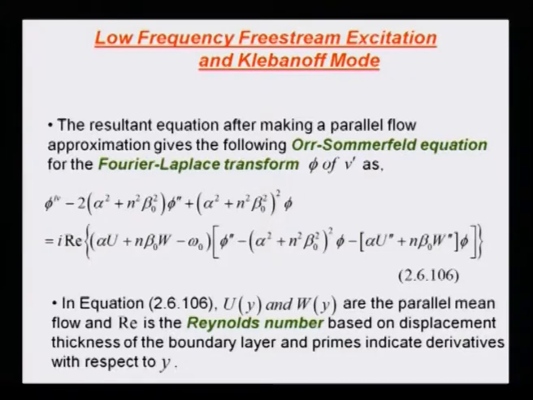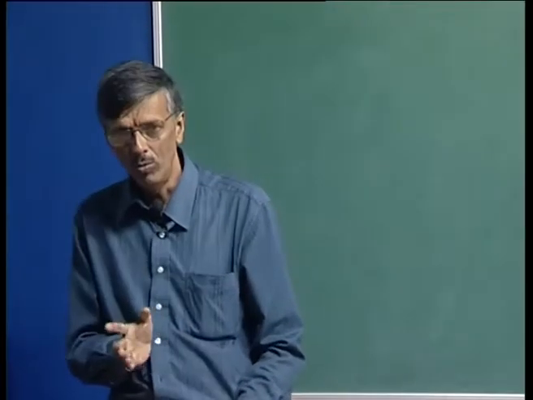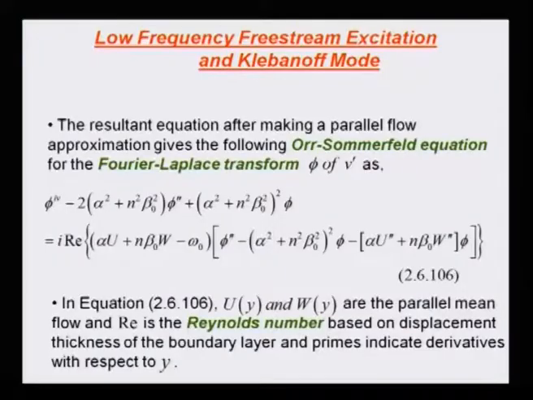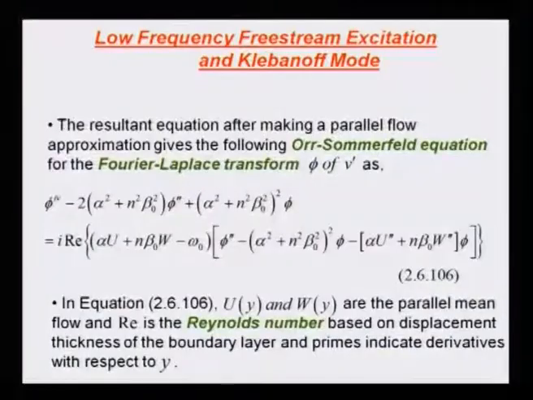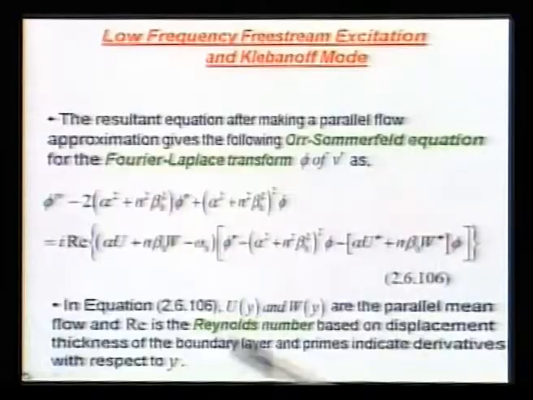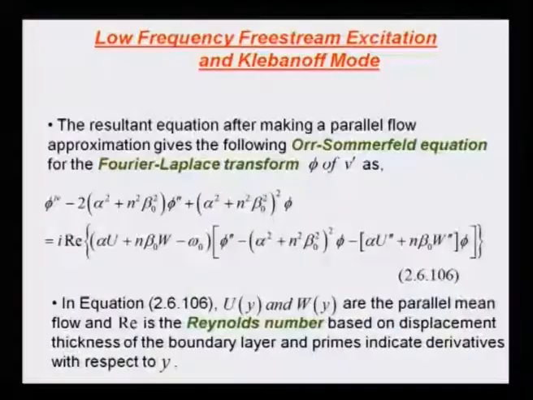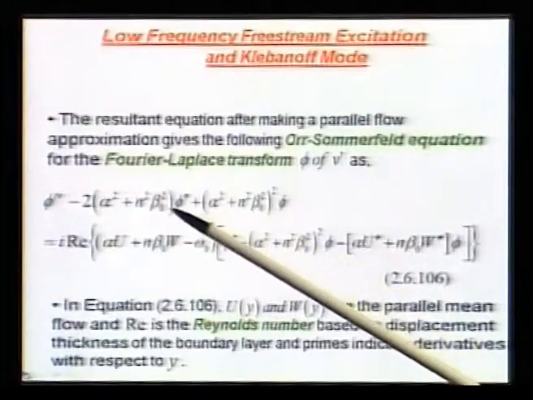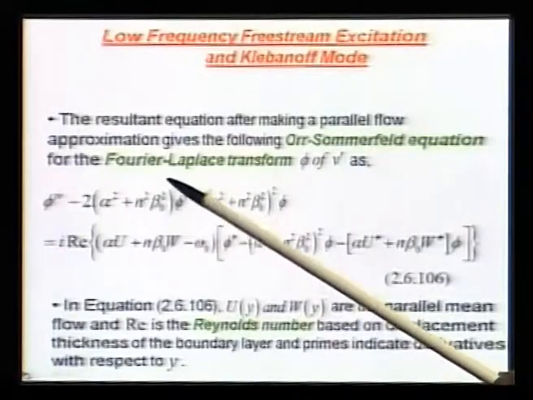And the disturbance field being 3-dimensional means what? We have the amplitude as a function of y, the x variation is given in terms of alpha, and the z variation is given in terms of beta. In this case, because we are talking about an experiment in a wind tunnel, we have periodicity in the span-wise direction and we know beta naught.